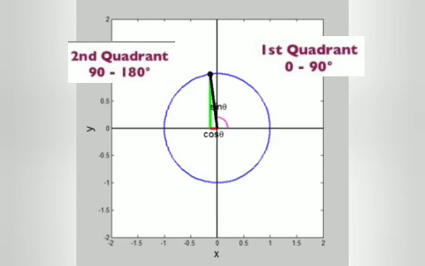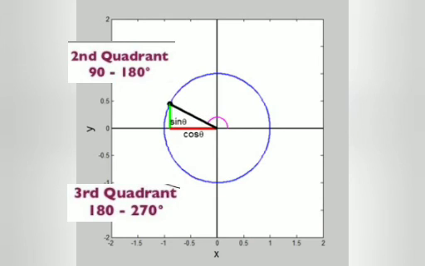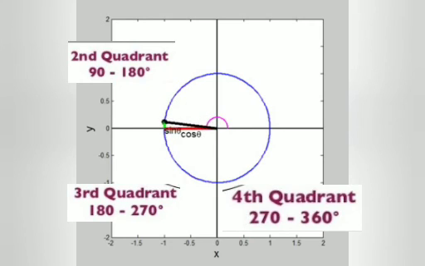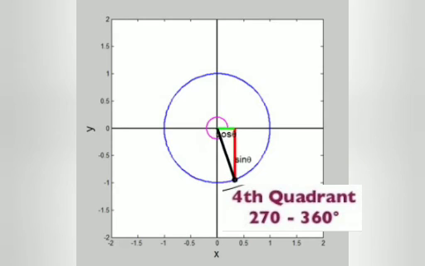Then, in the second quadrant, the sine function decreases, and the cosine function also decreases. In quadrant third, the sine function decreases and the cosine function increases as it moves towards the positive direction. In the fourth quadrant, the sine function increases as it moves towards the positive direction and the cosine function also increases.